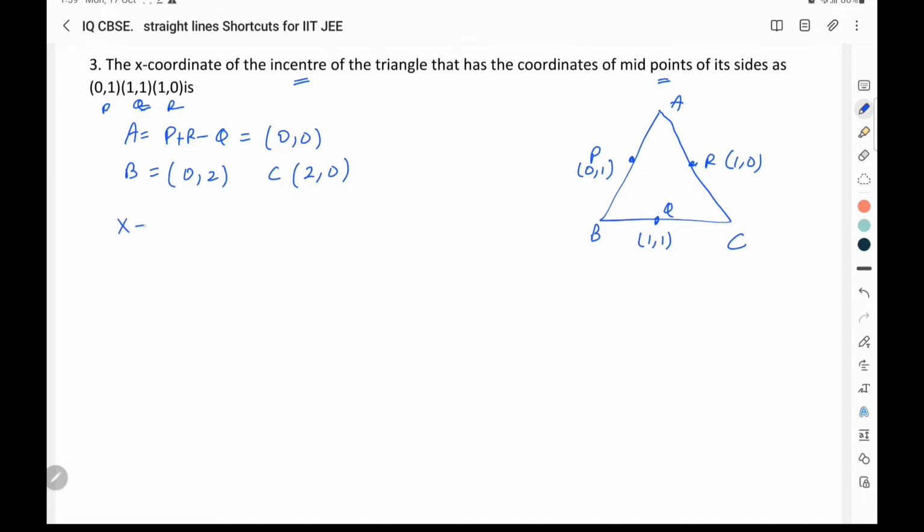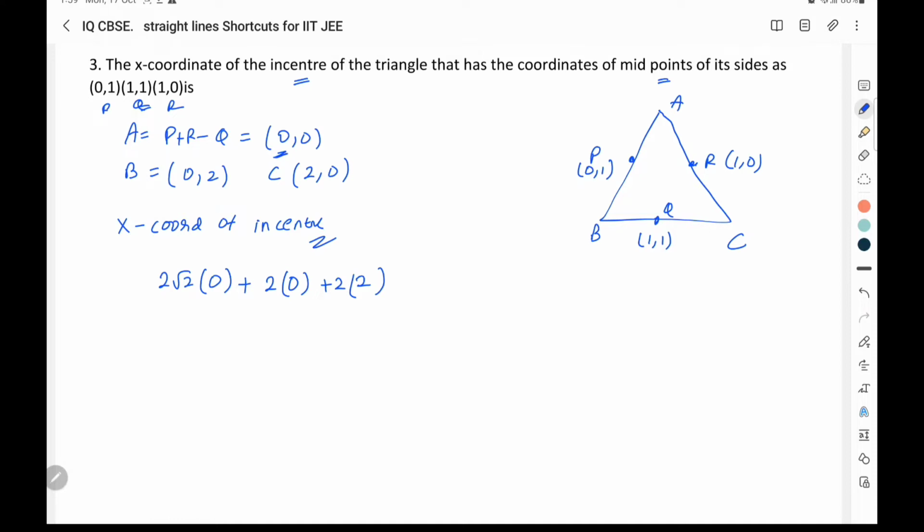So here we have to find the x coordinate of the incenter. There is a formula like 2 root 2 into the x coordinate, that is nothing but 0, so that is x1, plus 2 into again 0 plus 2 into 2.